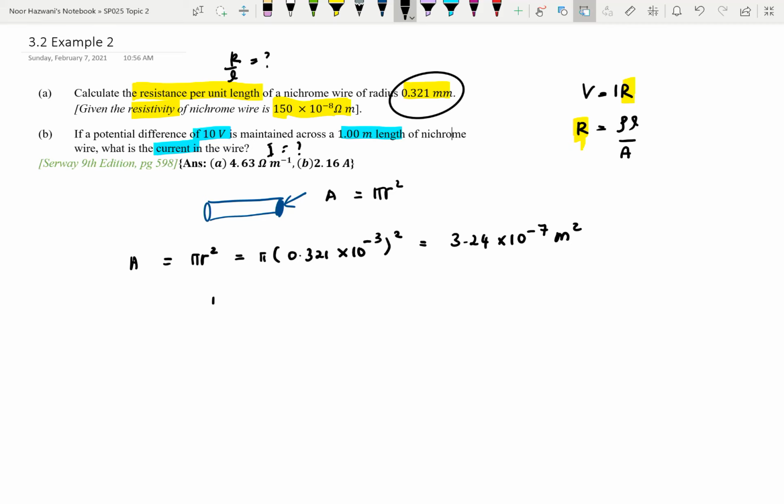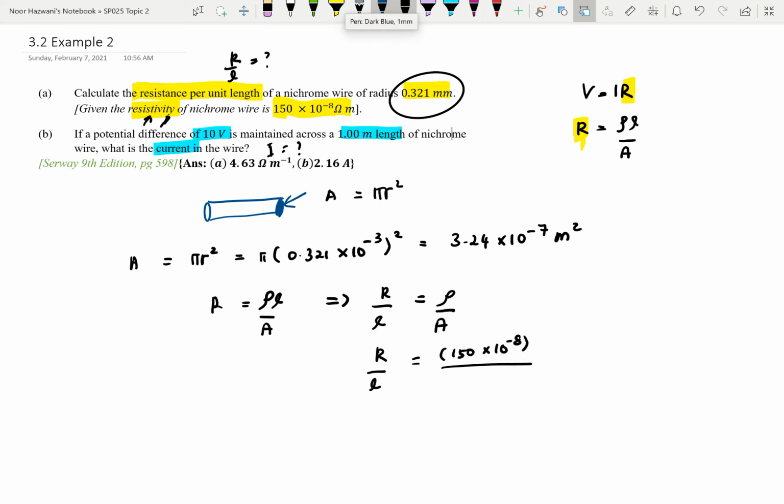Okay, we rewrite the equation R equals to rho L per A. Since the question is asking for R over L, we rearrange the equation, and R over L equals rho over A. So we just substitute the value for rho, since it is given here: 150 times 10 power of negative 8, divided by the area that you have calculated above, 3.24 times 10 power of negative 7.